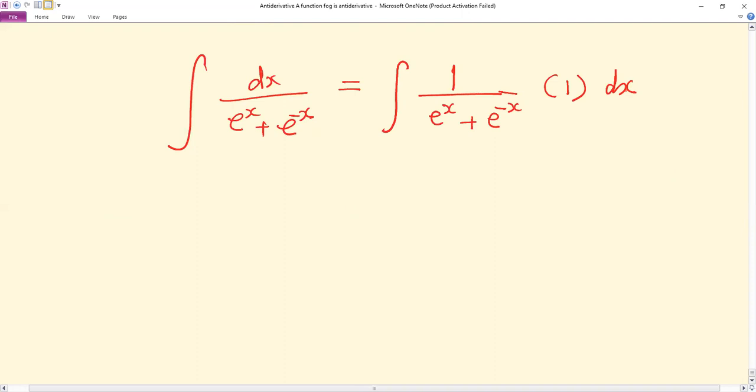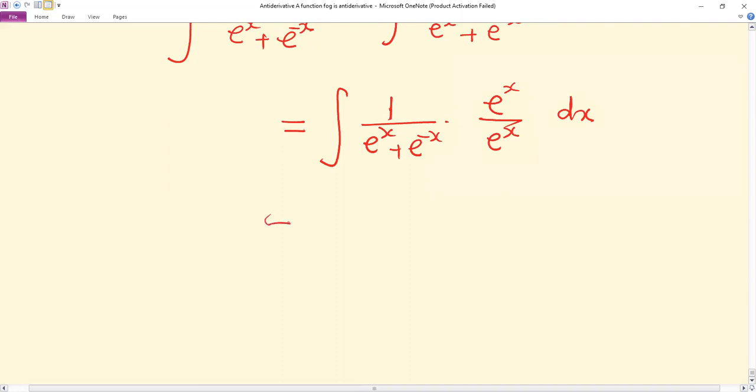So we are going to write this one as e raised power x over e raised power x. So 1 over e raised power x plus e raised power minus x, then this one we write as e raised power x divided by e raised power x dx. No miracles have been performed. It's still the same integrand if you do the cancellation.